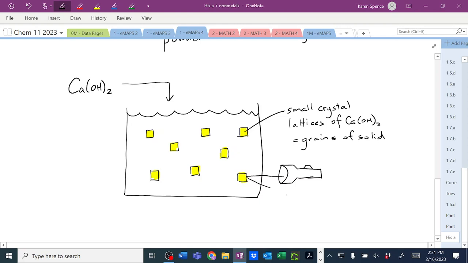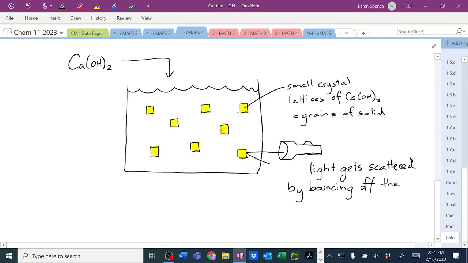It bounces back and gets scattered. The light gets scattered by bouncing off the solid particles.